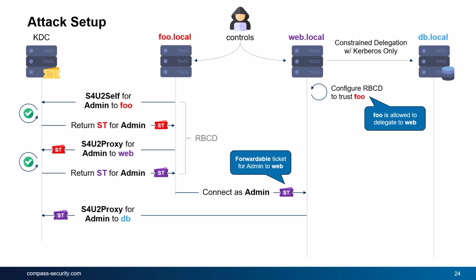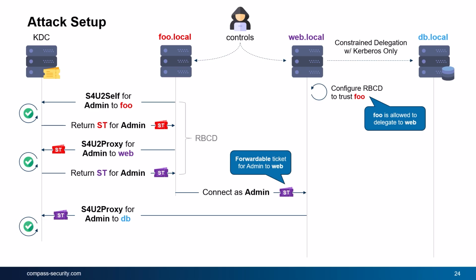The web.local system will trigger S4U2Proxy. It will attach this service ticket of admin. The KDC will again verify everything is in order. So is the ticket valid and forwardable? Is the user, of course, not protected or sensitive? And do the delegation rights allow this request?